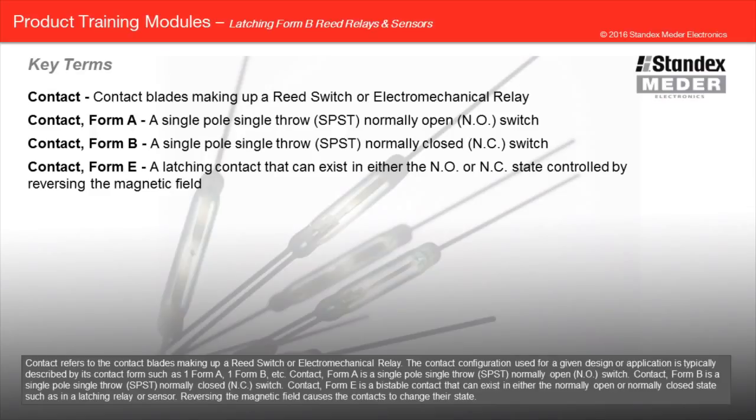Contact Form B is a single pole, single throw, normally closed switch. Contact Form E is a bistable contact that can exist in either the normally open or normally closed state, such as in a latching relay or sensor. Reversing the magnetic field causes the contacts to change their state.